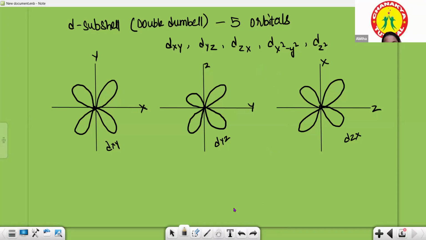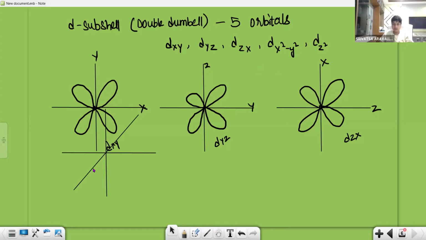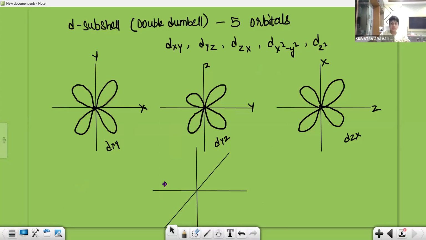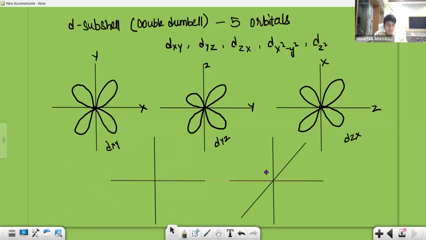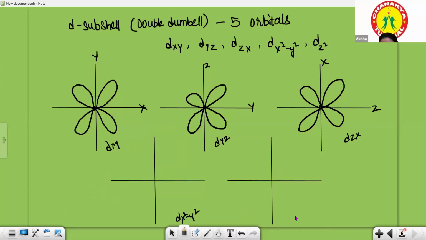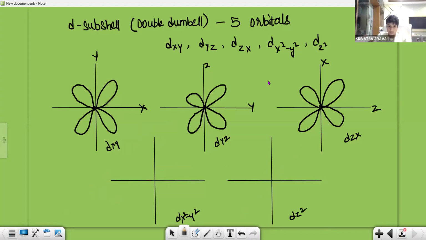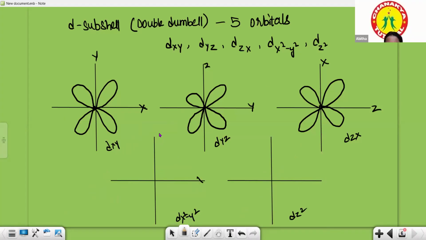And coming to the dx square minus y square and dz square. x square minus y square indicates that on the x-axis and y-axis you can find a lobe.